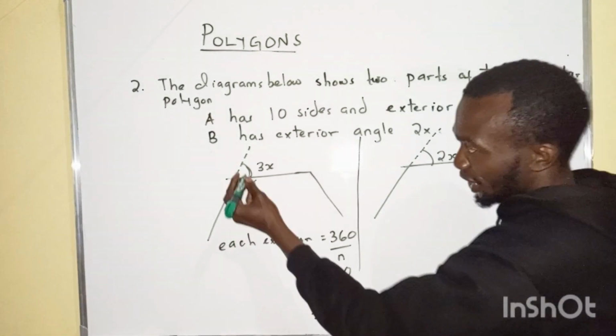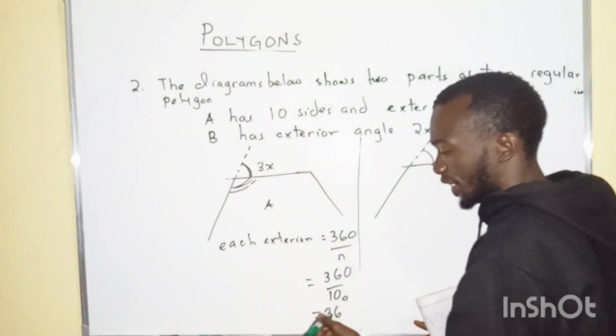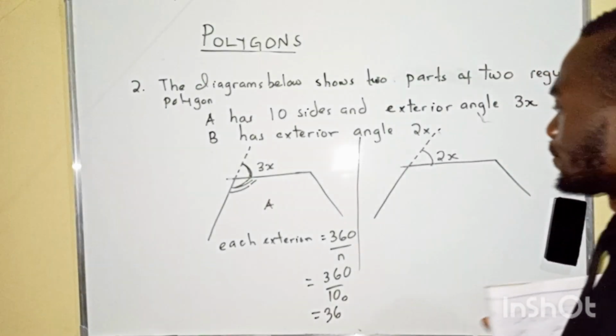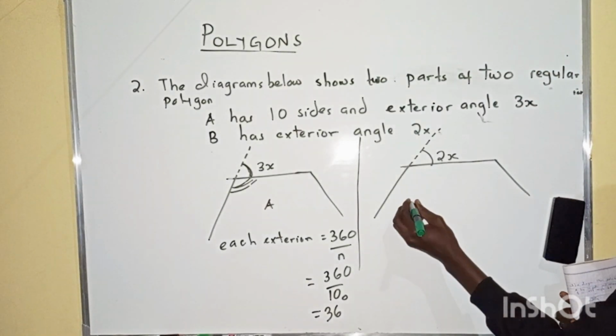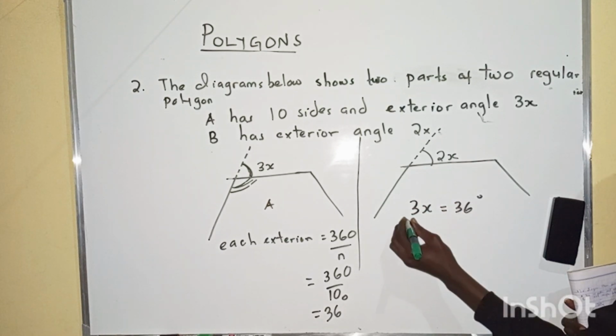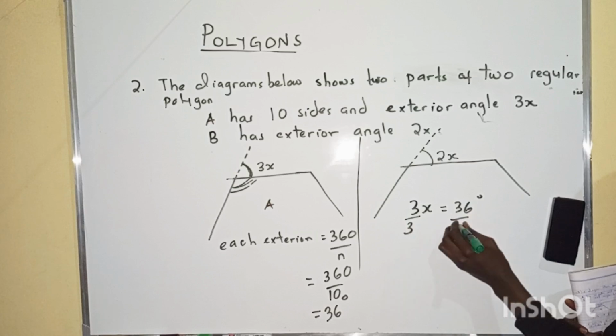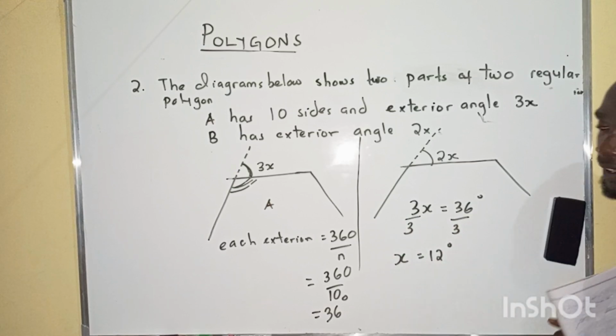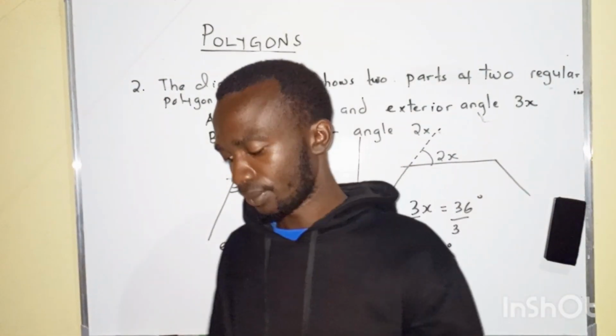So this exterior angle, 3x, is the same as 36 degrees. So 3x is equal to 36 degrees. Dividing everything by 3, x is equal to 12 degrees. That is the value of x.